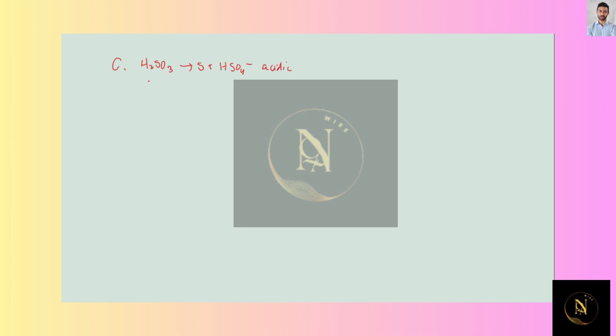So I'm going to start by splitting my reaction into the 2 half reactions. I have H2SO3 goes to sulfur, and I have H2SO3 goes to HSO4-. They both have 1 sulfur on each side, so I'm good for elements other than hydrogen and oxygen.